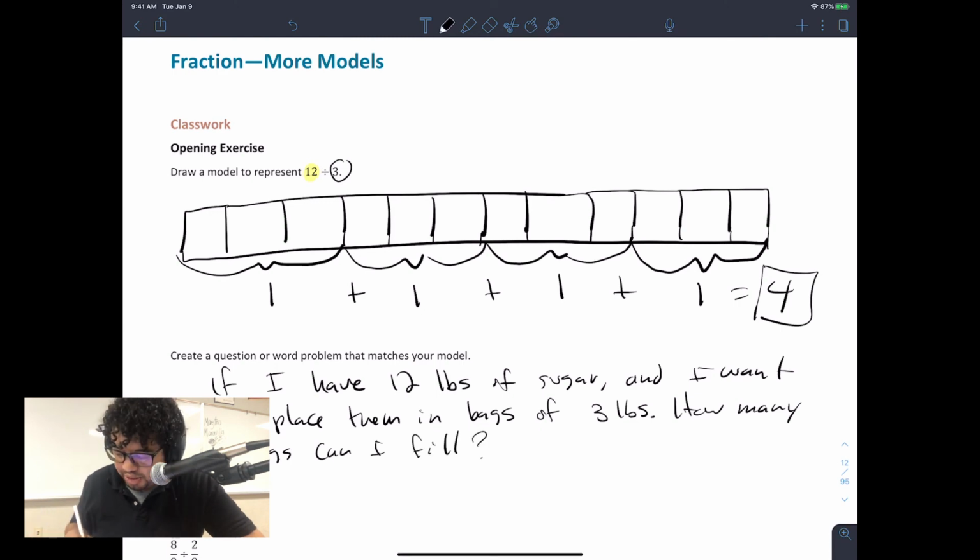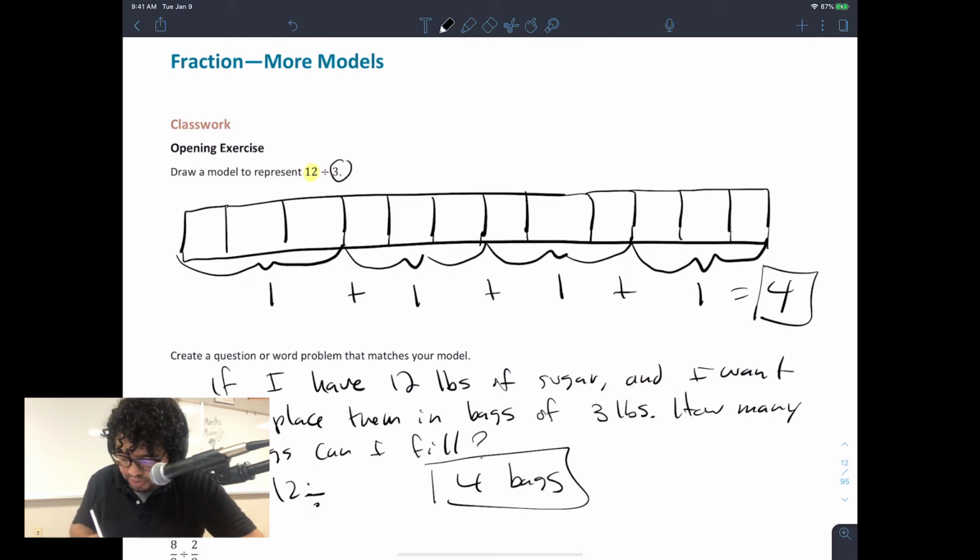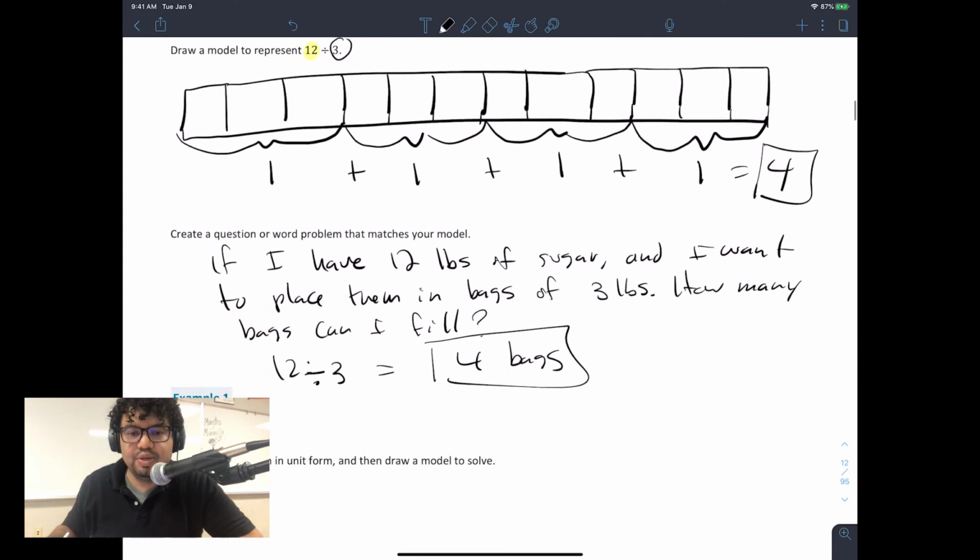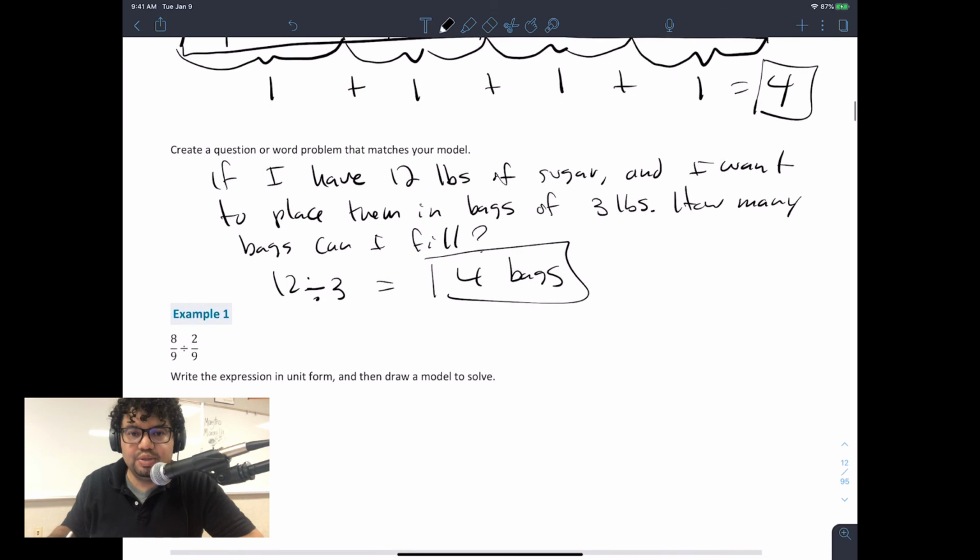The answer would be, once again, 4 bags. 12 divided by 3 equals 4 bags.